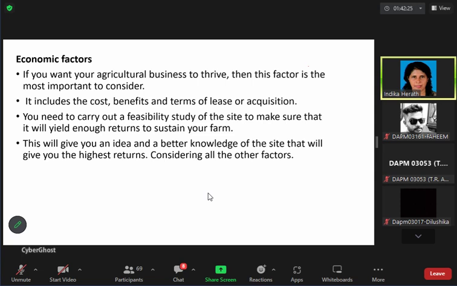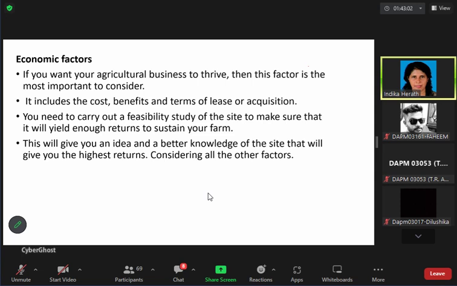And you need to carry out the feasibility study of the site, whether it is suitable for investment. And also we should not forget that we want to have a suitable assessment tool or model for your crop and its processing and marketing and all those things.